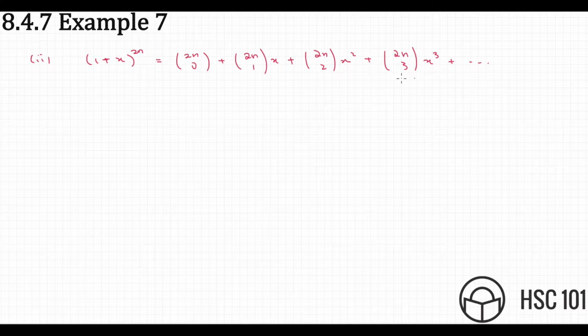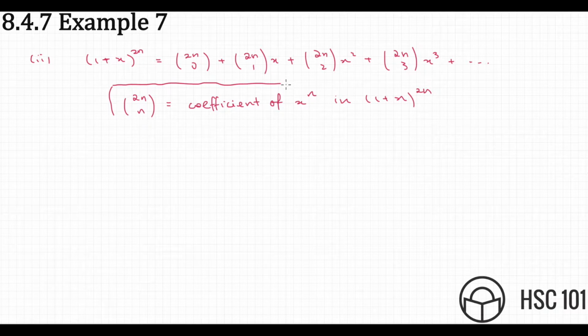And from this, if I want to examine the coefficient for 2nCn, hopefully it's quite obvious that 2nCn is going to be equal to the coefficient of x to the power of n in 1 plus x to the power of 2n. Okay, so that's obviously extremely important. That's going to be our starting point for proving this binomial identity.